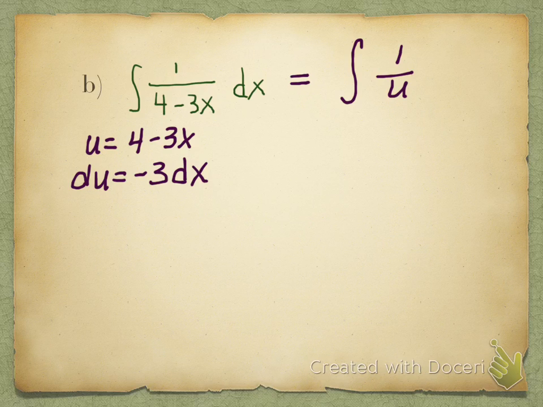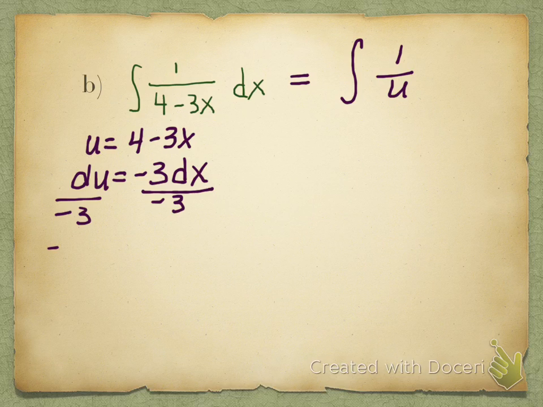Now, as you're taking a look at this, your problem does not have the integral of 1 over 4 minus 3x multiplied by negative 3. It's not there. So I've got to do some kind of substitution. That's why this is called u substitution. Here's the way that I deal with this, and I'm not sure how you've seen it done before, but I divide the negative 3 to the other side.